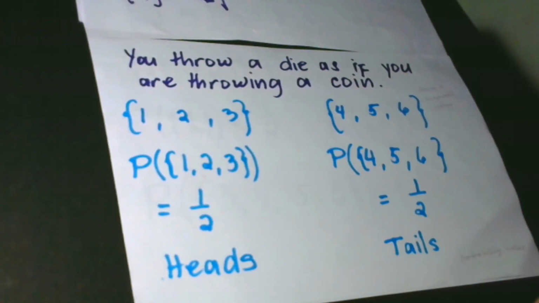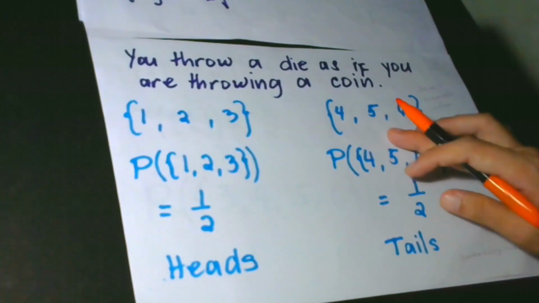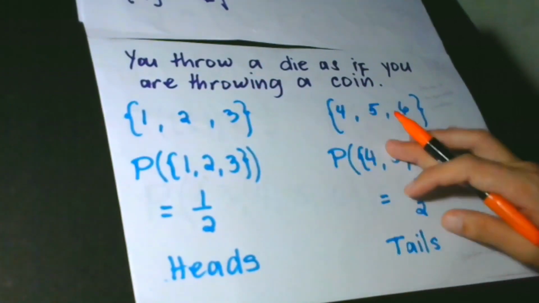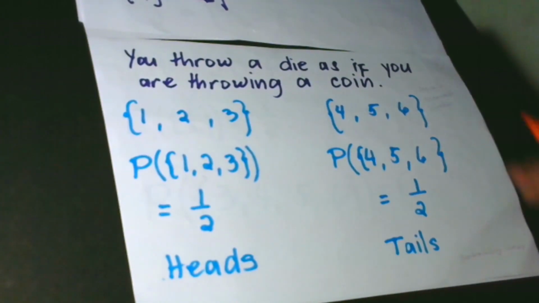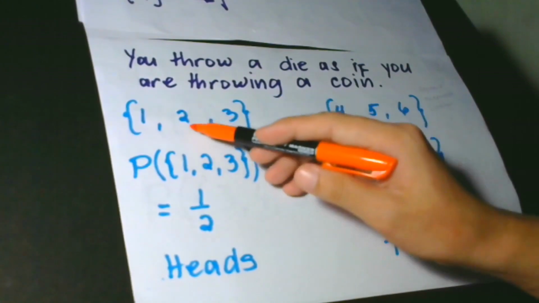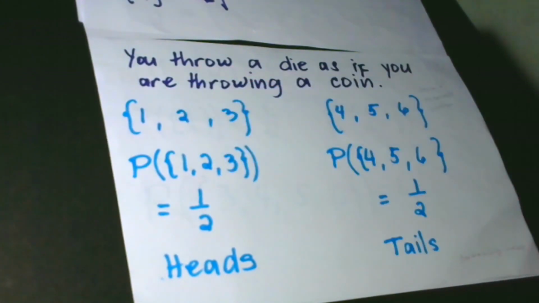we are going to define a measurable function. So we have here two measurable functions, 1 and 2: the set of 1, 2, and 3, and the set of 4, 5, and 6. It means that if the die comes up 3 or less, that is 3, 2, or 1, it is head.